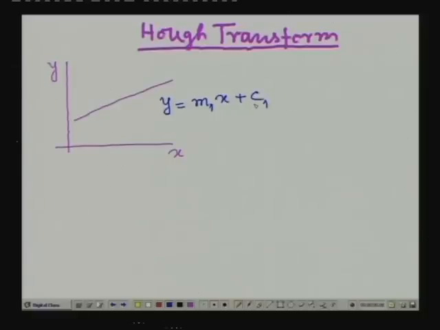So, you find that this particular straight line is now specified by two parameters. One of the parameters is m 1, which is the slope of the straight line, and the other parameter is c 1, which is the intercept.